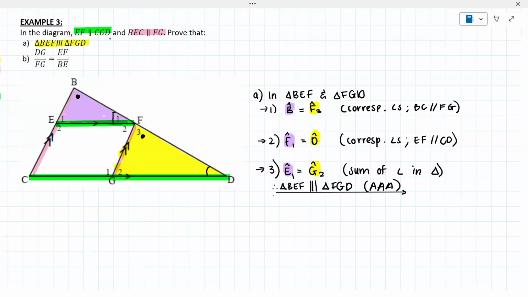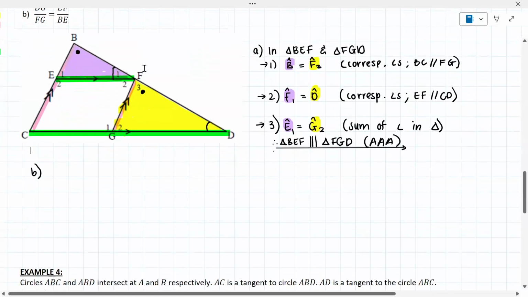So we have proven similarity, which means we can now have a look at that ratio question in B. Question B, I want to prove DG over FG is equal to EF over BE. Now remember, we said this last week: don't even look at that just yet. Set up your ratios.